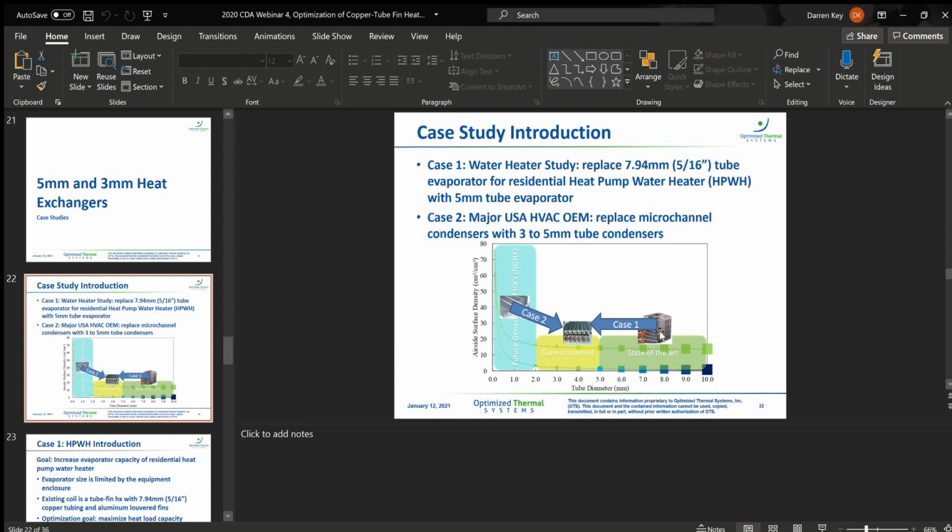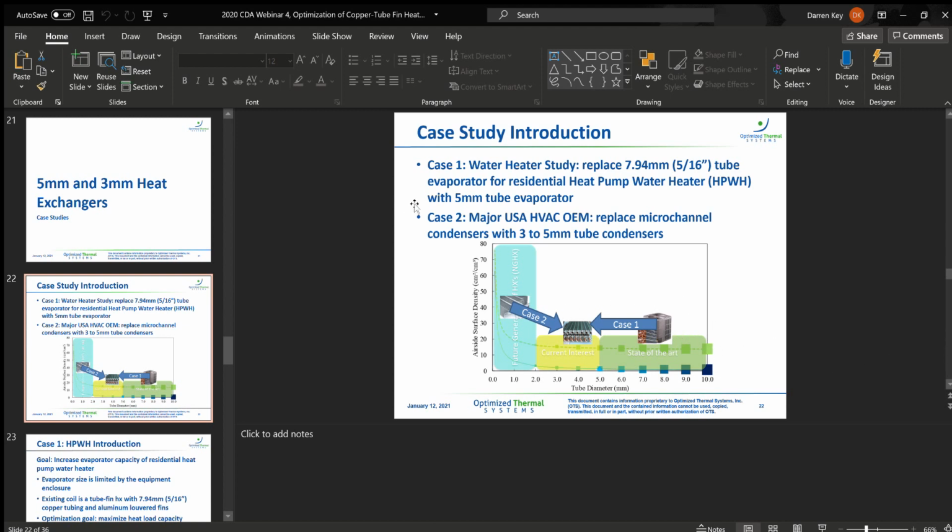So this is kind of a bread and butter reduction in tube size case study. There's an existing state-of-the-art heat exchanger, and for whatever reason, either they want more capacity or reduction in material or whatever it might be, and can achieve all those with a smaller diameter tube heat exchanger.